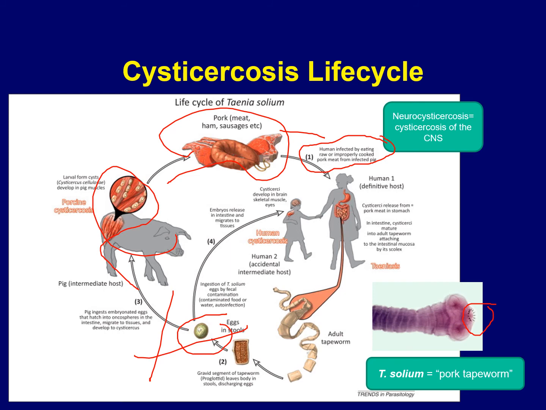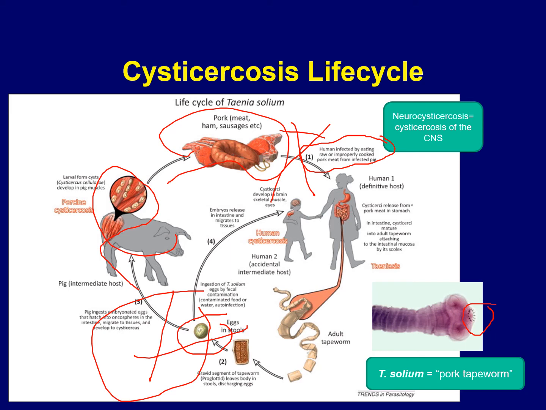So this is really a big area here. Certainly, more downstream, you can think about how pork meat should be fully cooked, and so on. So that's another consideration over here. But a big issue here is keeping pigs away from human feces.